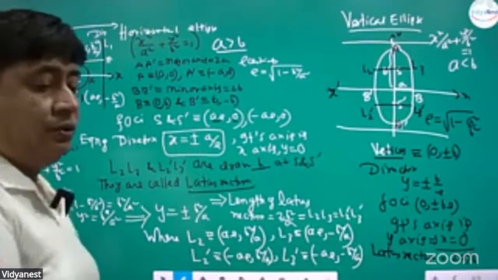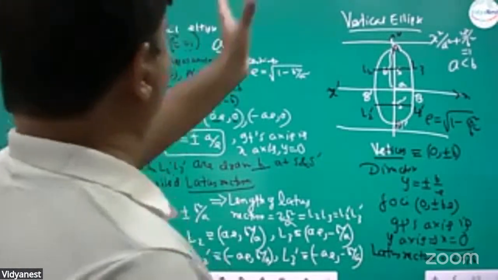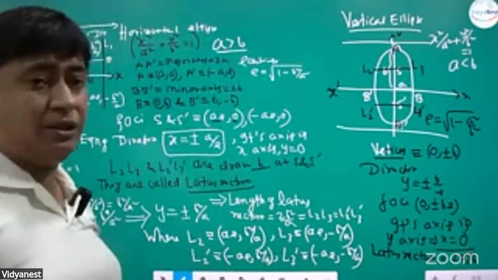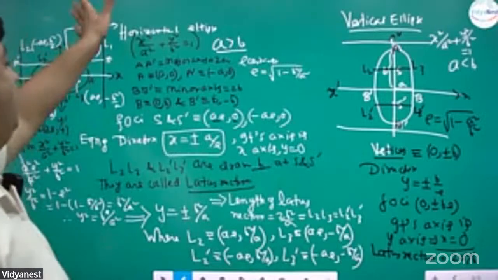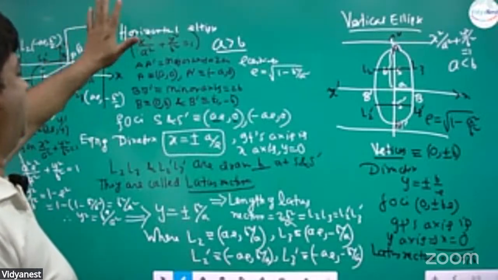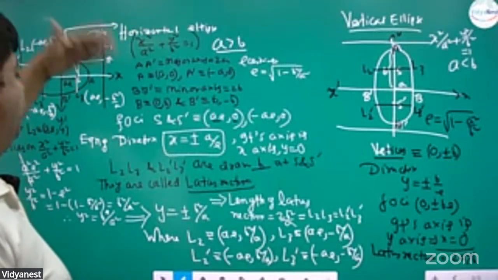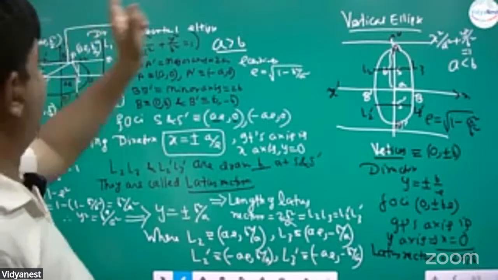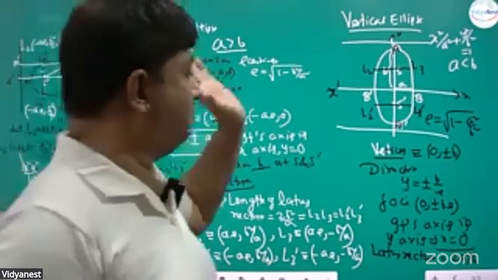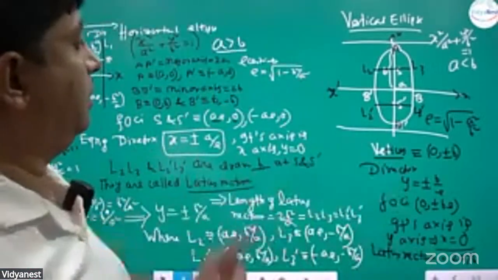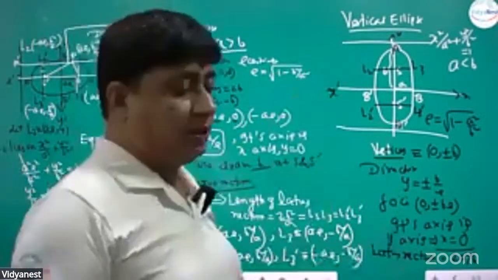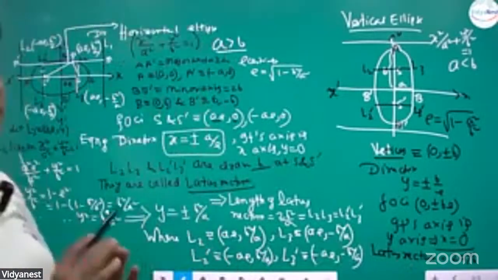So this is the property of the horizontal ellipse, and this is the property of the vertical ellipse. If you keep this in your memory, then by reversing it you can easily memorize the other. It is not that tough.